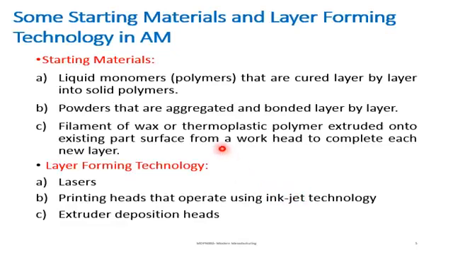The last one we consider is a filament of wax or thermoplastic polymer extruded onto the existing part surface from an extrusion head to complete each new layer. So we use the extruder head for deposition of the material in a layer by layer fashion.